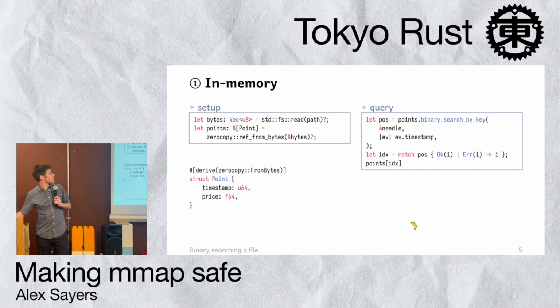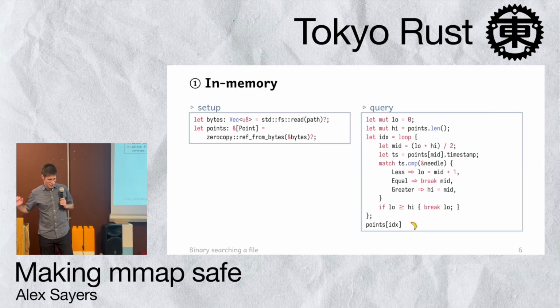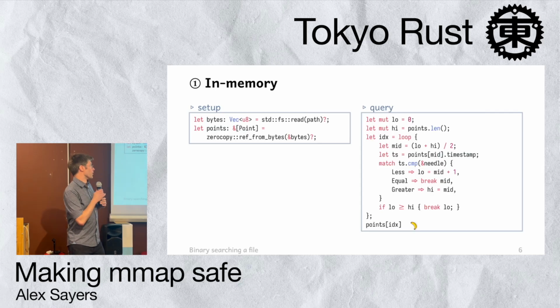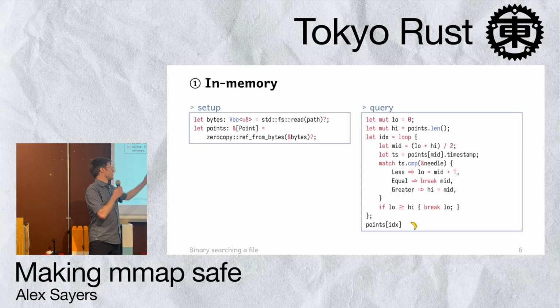So I'm going to expand the implementation of binary search over there on the right. We have lower bound and upper bound, and each time we go around the loop, we query the midpoint between the two bounds to find out whether we can refine it left or right.